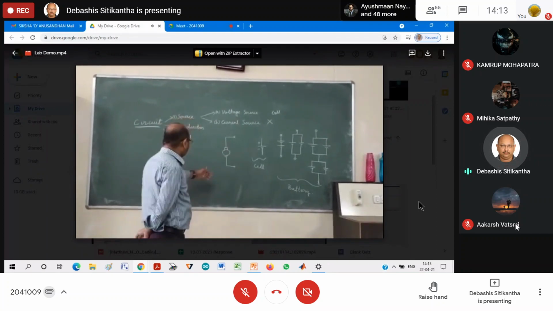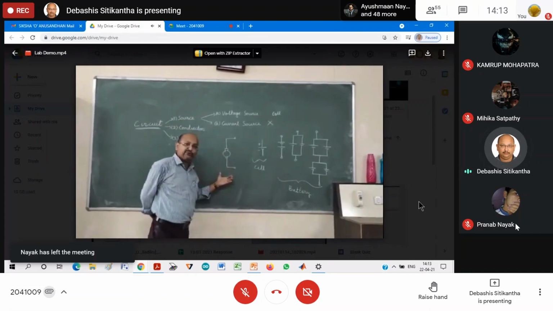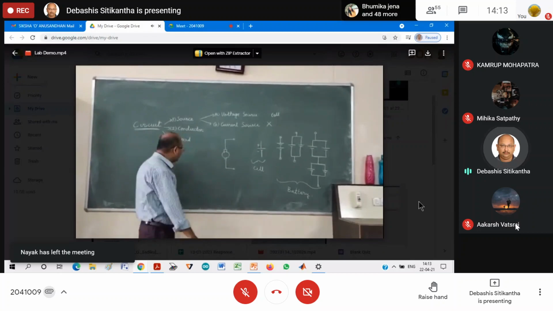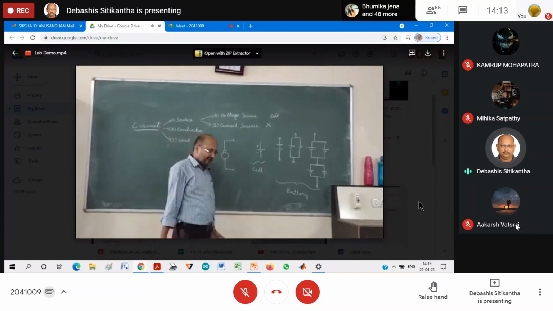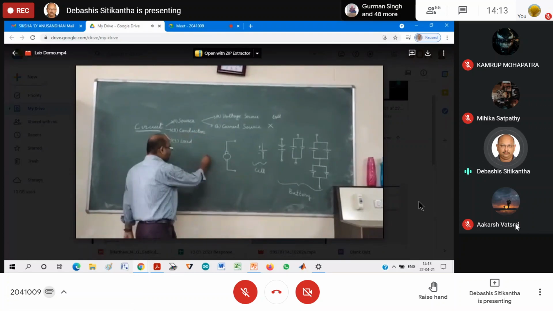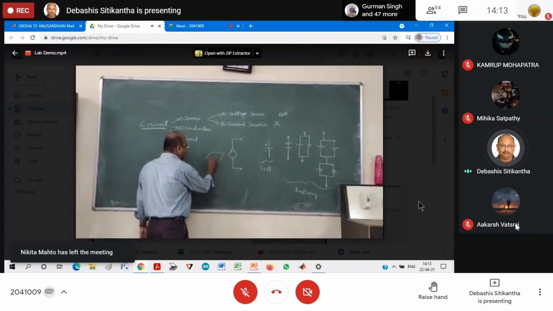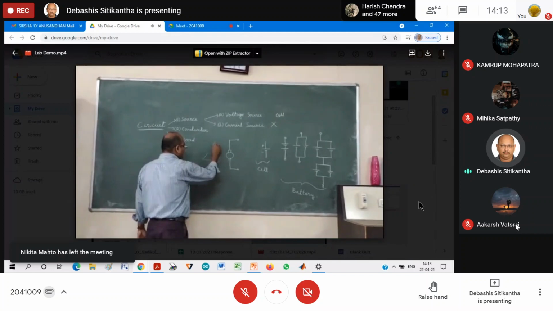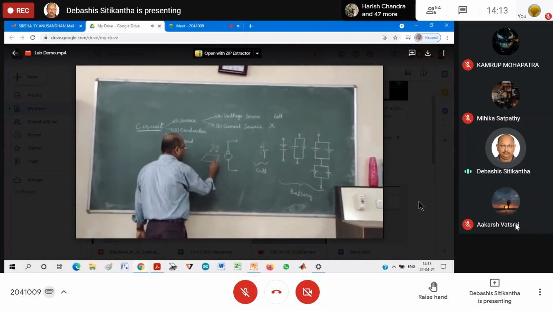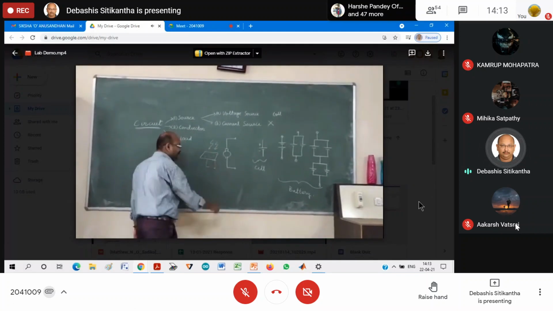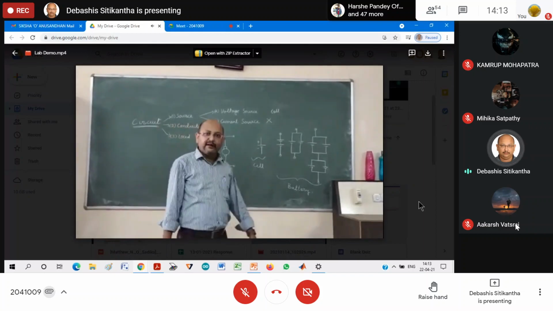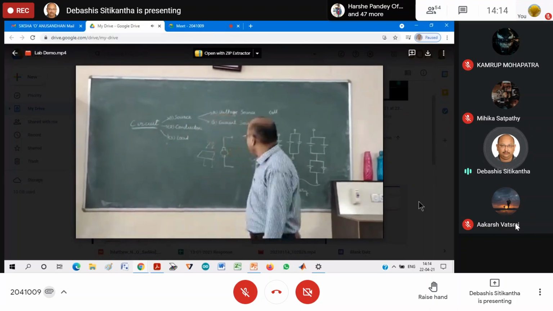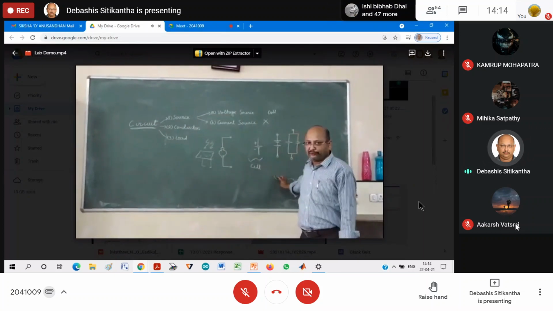So this is also a voltage source. Then there is another voltage source which is nowadays becoming very popular, your solar cells. If sunlight is incident on them, they produce some DC voltage. So these are examples of voltage sources.